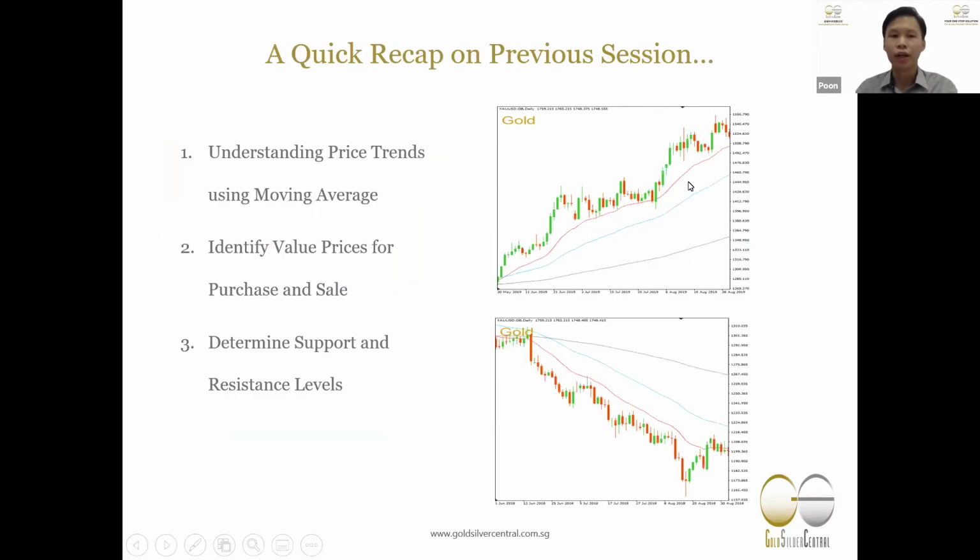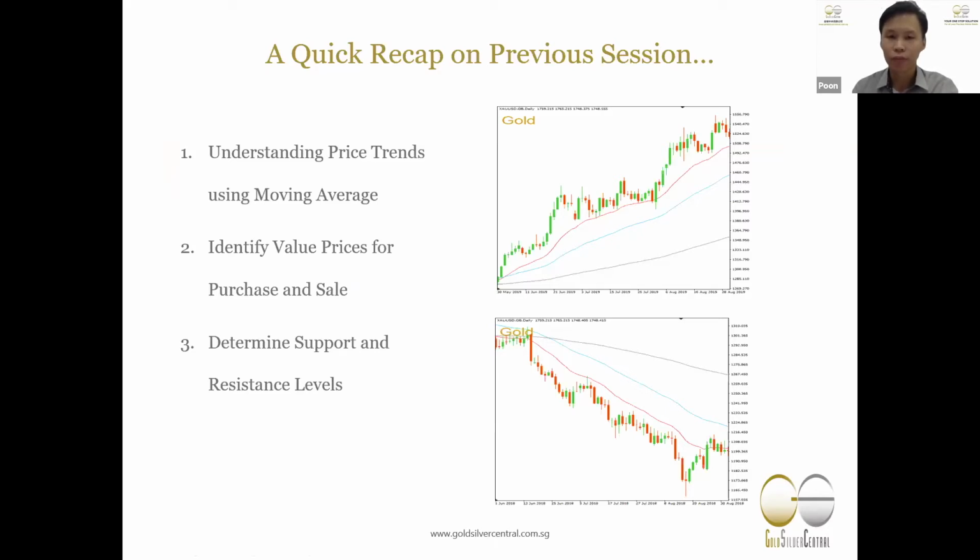Okay, so a quick recap of our previous session. Let us refresh our minds on what we went through in last webinar in October. The key learning point of last session is that we are now able to determine the market trend. If prices are above the EMAs, we use the EMA 20, 50, and 200, and the EMAs are pointing higher, the market is in an uptrend.